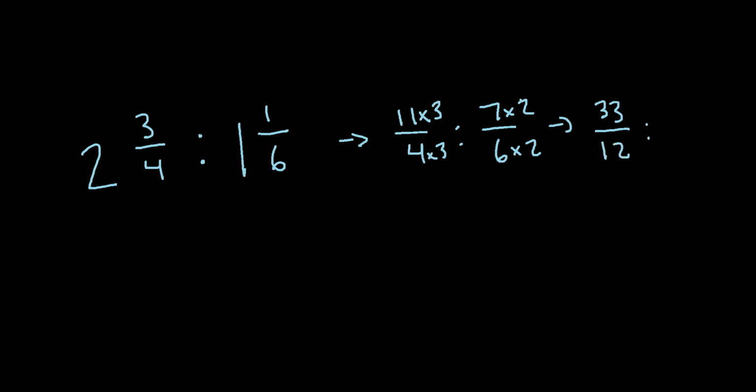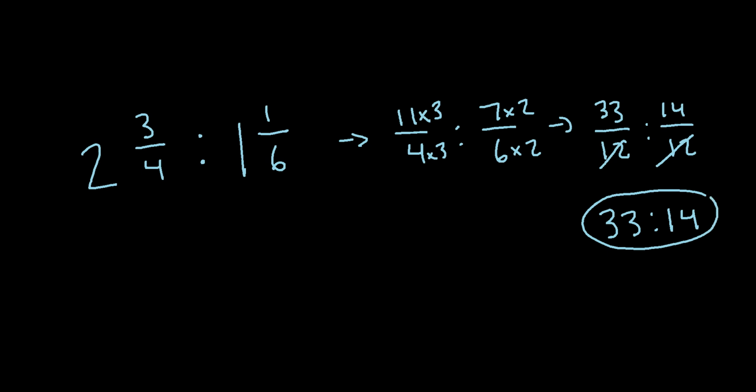And then on this side we have 7 times 2 is 14, over 6 times 2 is also 12. Now the denominators are the same, so we can just ignore them and focus on the numerators. So we have 33 to 14. Now 33 and 14 don't share any common factors, so that's just going to be our final answer. We can't simplify that any further. So 33 to 14 is our final answer on this one.